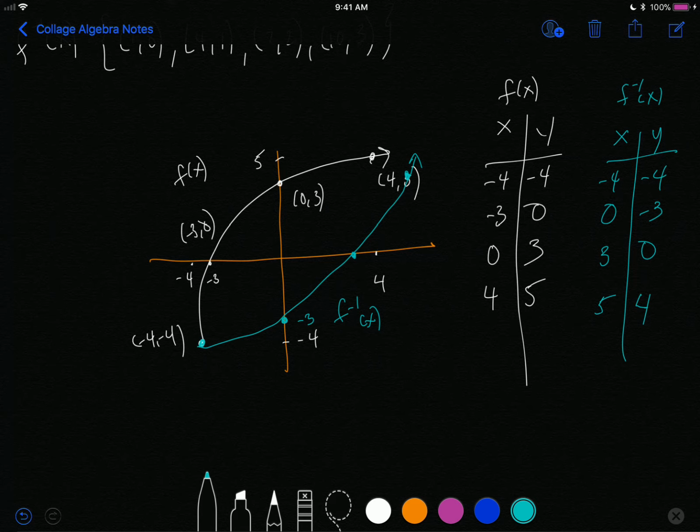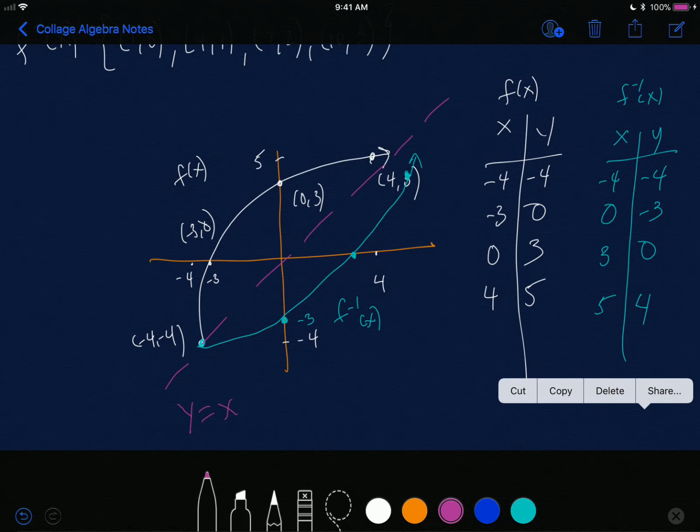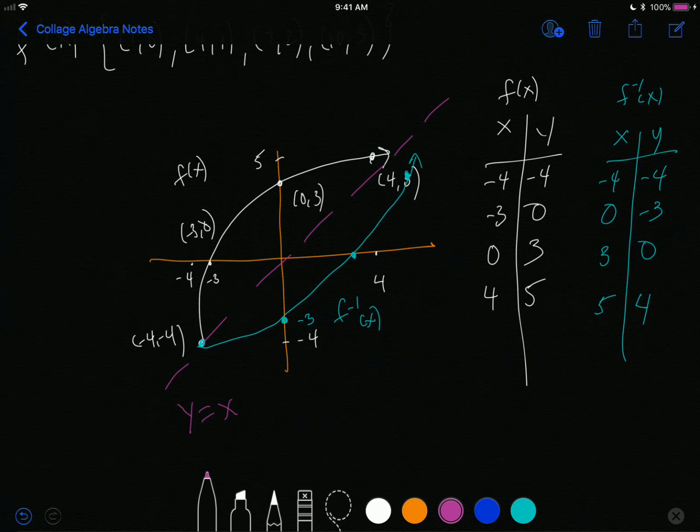The last thing that I need to point out is that, interestingly enough, if I was to draw a 45-degree line right here, which is the line y equals x, this line should, in theory, cut this graph exactly in half.